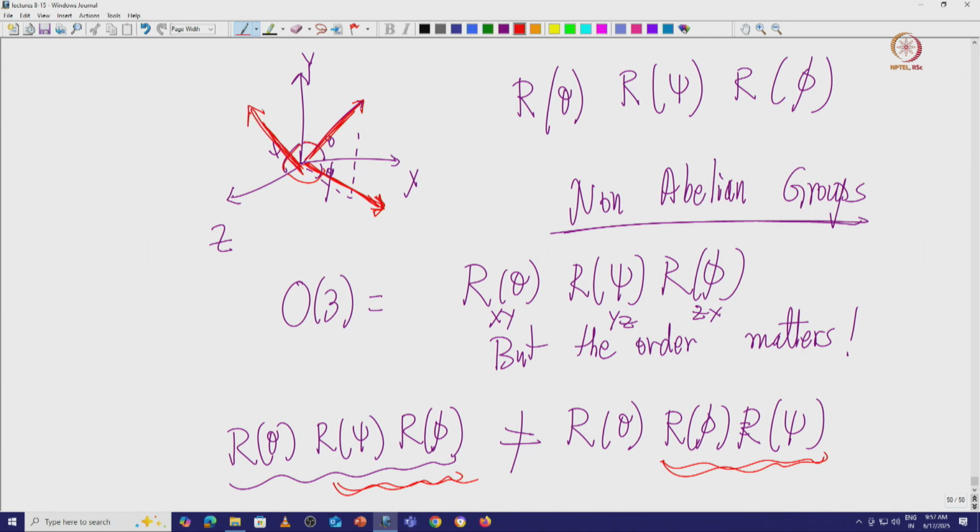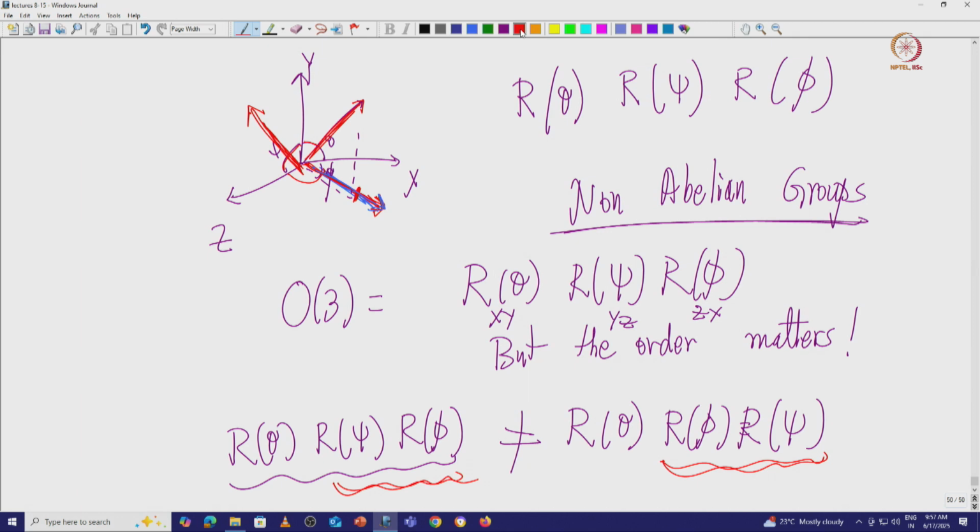So this rotation, given by blue, and this rotation, given by red, are not the same. In 3 dimensions you are rotating over 3 different angles, so the order of rotation matters.